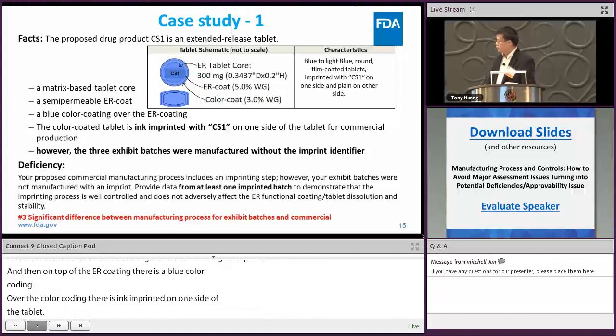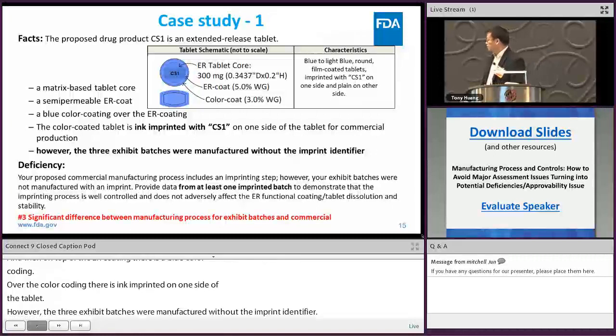So our reviewers issued a deficiency, asking the firm to manufacture at least one imprinted batch to demonstrate that the imprinting process can be well controlled, and also that the imprinted label will not adversely affect the ER functional coating, the dissolution, and also the stability.